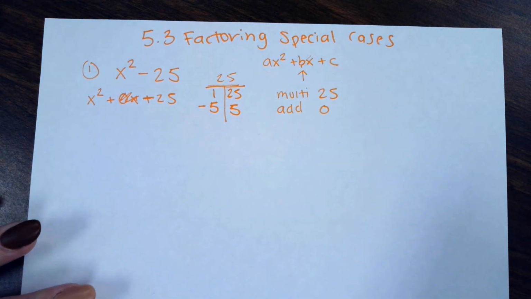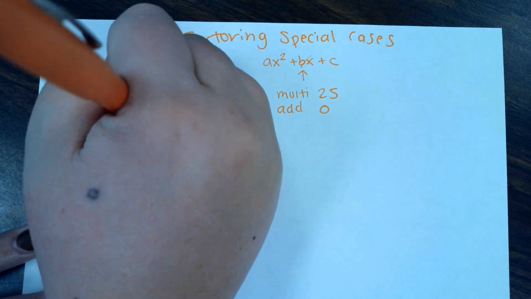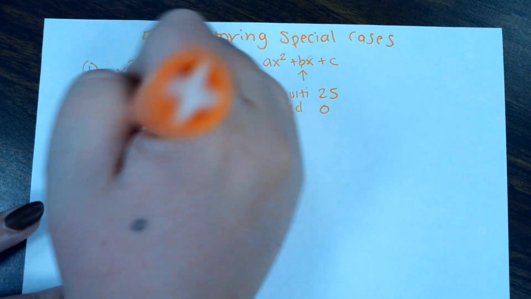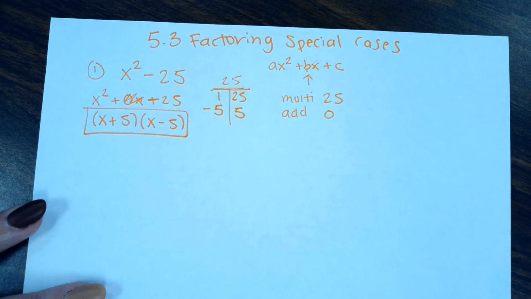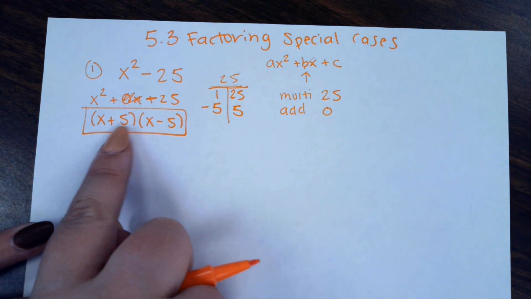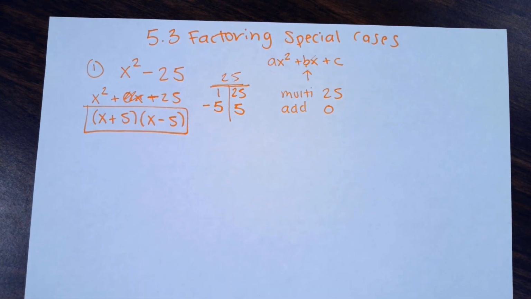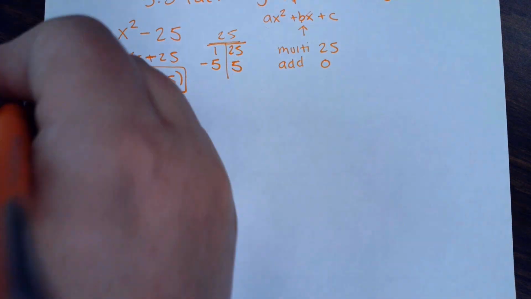So x squared minus 25 factors to x plus 5 and x minus 5. Now I want you to think about the relationship between x and x squared and the relationship between 5 and 25. Just think about that for a minute, and then we'll do our next example.